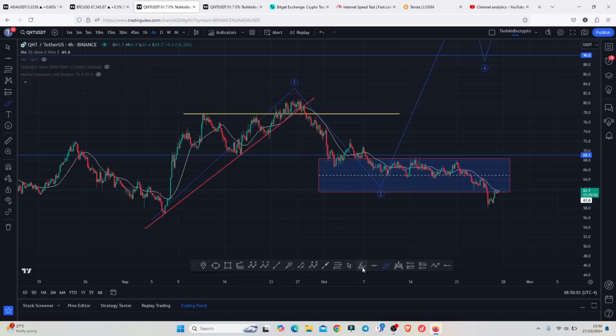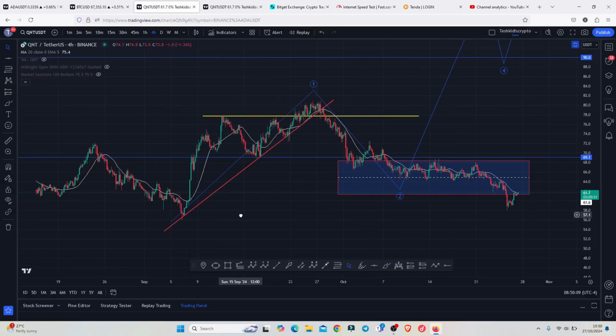Starting the video here on the 4-hour chart, I want to start by first giving you a recap of a bullish structure that I have been tracking from the lows that we made on the 6th of September, where you can see that we saw a very nice bounce to the upside in a move that peaked above the $81, giving us a high in this impulsive count 1.